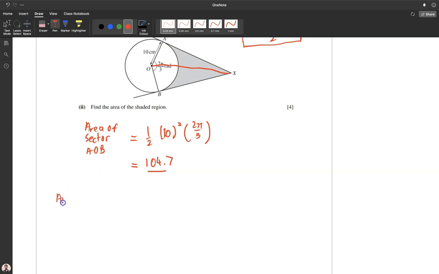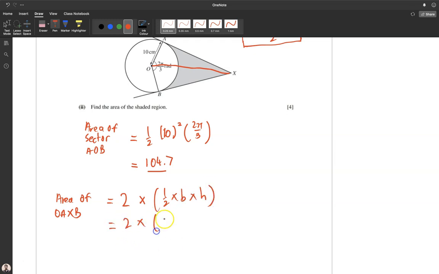So area of 2 triangles, let me just name it OAXB because it's O, A, X, and B. These are the area of the 2 triangles. I'm going to use the 2 as the multiplier while I just find one of it, times half base times height.